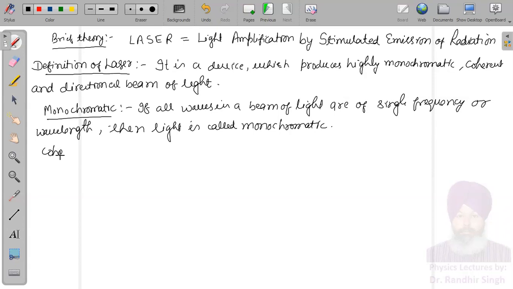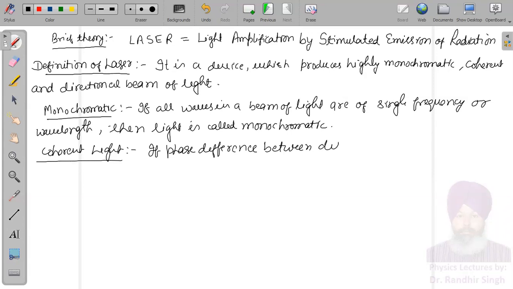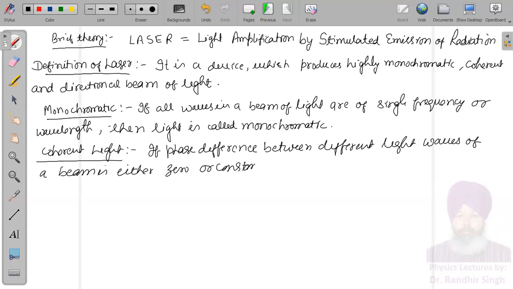Second is coherent light. If phase difference between different light waves of a beam is either 0 or constant, then such light is called coherent light.